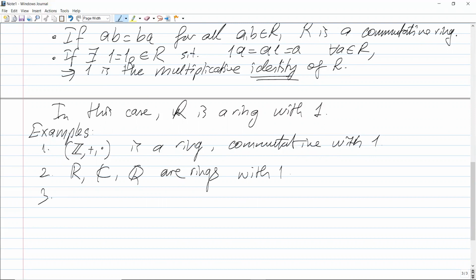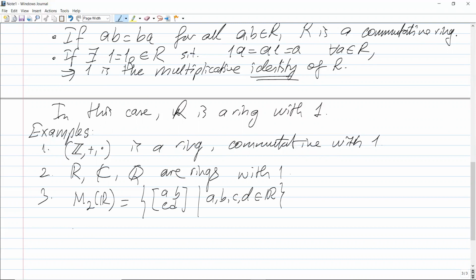One more, a non-trivial example: let's take M2(R), namely the set of all 2 by 2 matrices (a, b, c, d) such that a, b, c, d are real numbers.